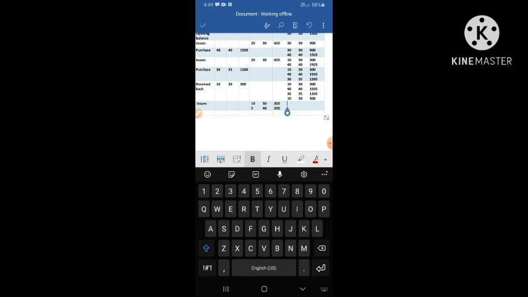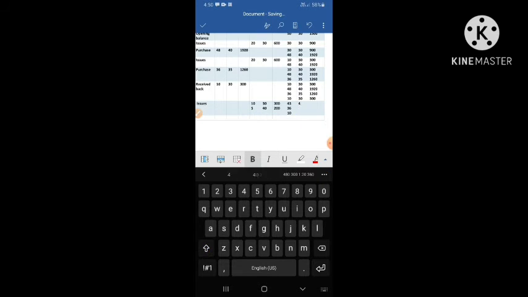So the balance is, out of 48 we made an issue of 5 units, so balance is 43, and then 36, and then 10 units.